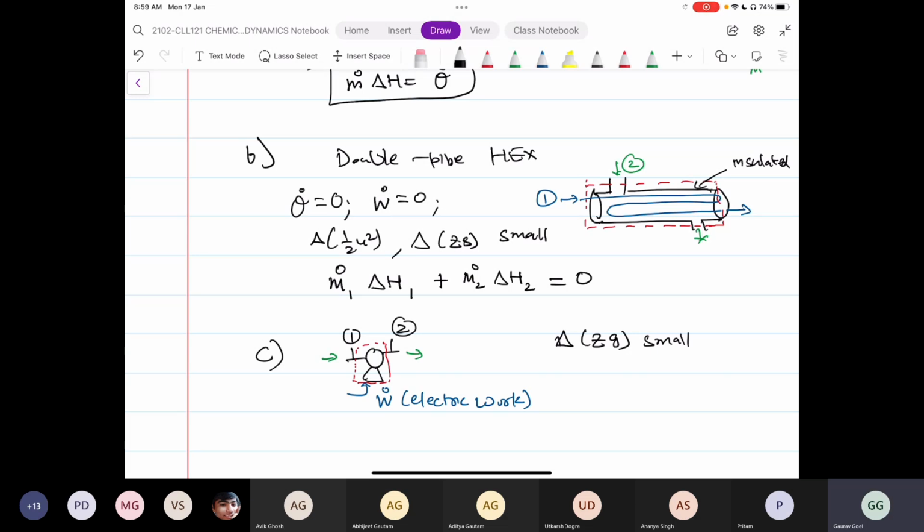Again, for 1 and 2, height difference would be very small. So this typically you can ignore, but there is a kind of pump where you cannot ignore this quantity. What kind of pump is that? So for a pump, it's not necessary. You can always ignore this quantity.